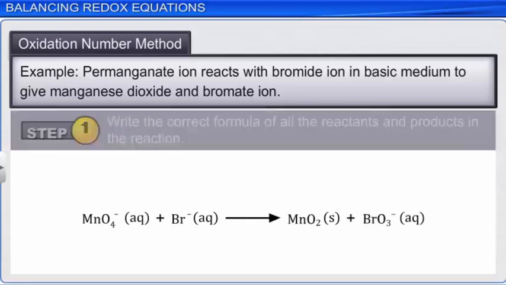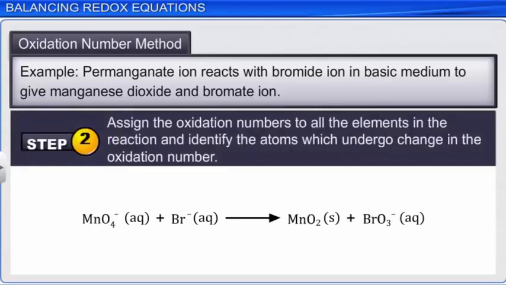The second step involves assigning the oxidation numbers to all the elements in the reaction and also identifying the atoms which undergo change in the oxidation number. We know that in polyatomic ions, the sum of the oxidation numbers of all atoms in the ion is equal to the charge on the ion.